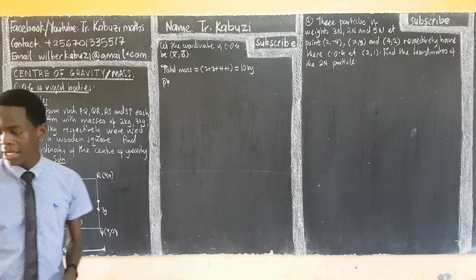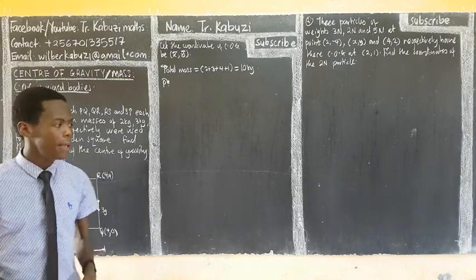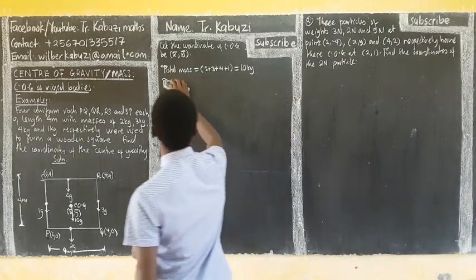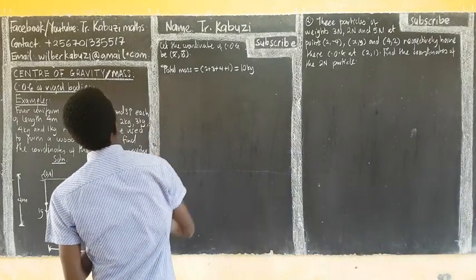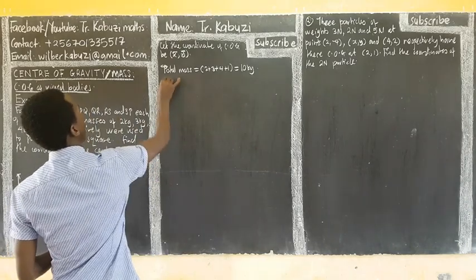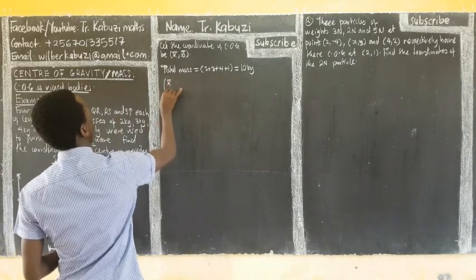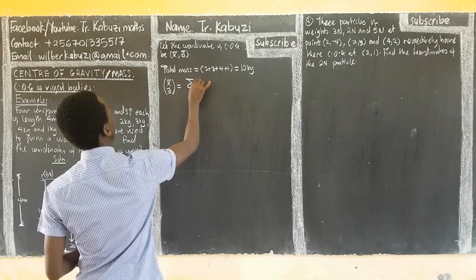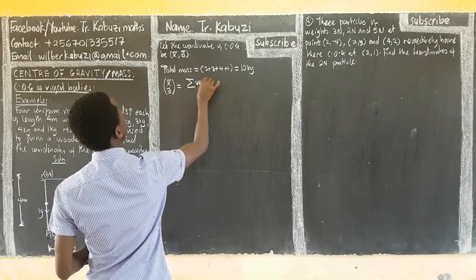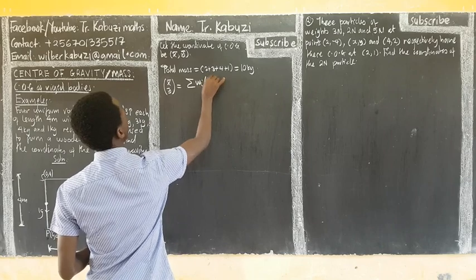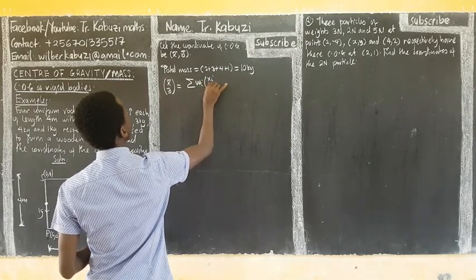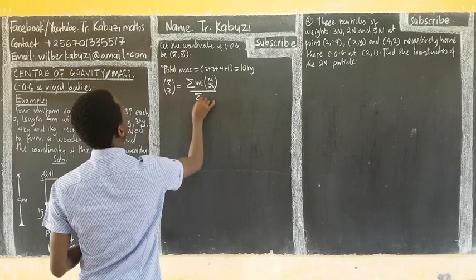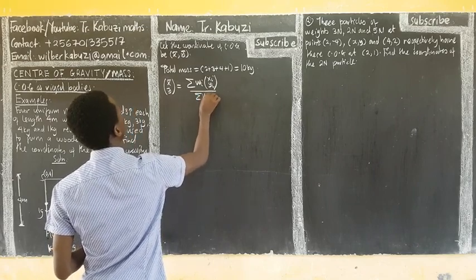Or if you don't want that, let me use the other simplified one, where we just use our formula, which says that x bar, y bar is equal to the sum of the products of the weights and their coordinates, over the sum of the weights.